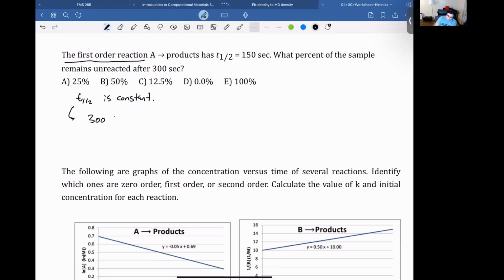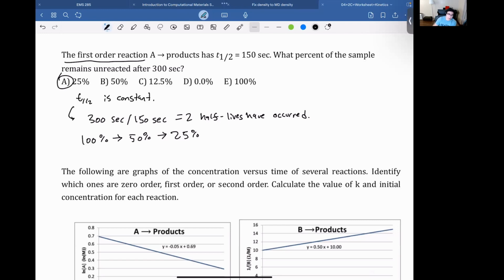Since the half-life is constant, we can see how many seconds have elapsed divided by 150 seconds, which is the half-life. So 2 half-lives have occurred. Right? 2 half-lives, just remember you're going from 100% to 50%. Half of 50% is 25%. So the amount left is going to be 25%, and that's it for this.